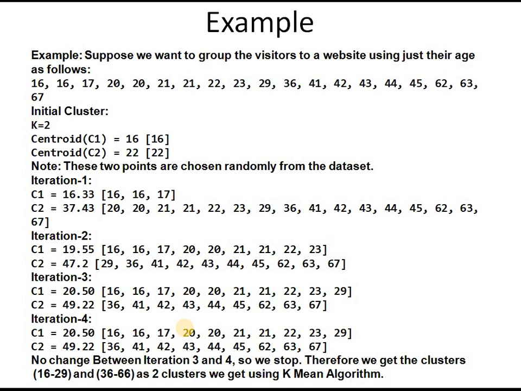We again choose the value that is nearer to 16 and 22. According to this concept, we got the values in centroid C1 as 16, 16, 17, and in centroid C2, we got the values as 20, 20, 21, 21, 22, 23, 29, and so on up to the last value relevant to 22.